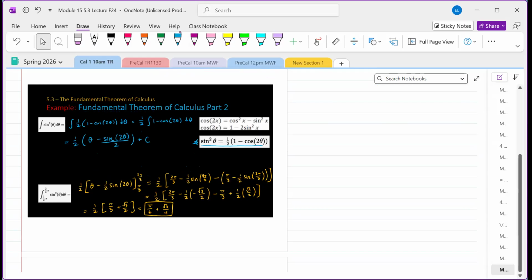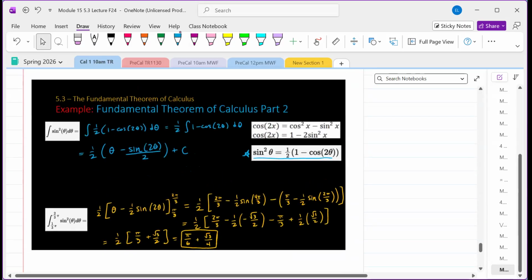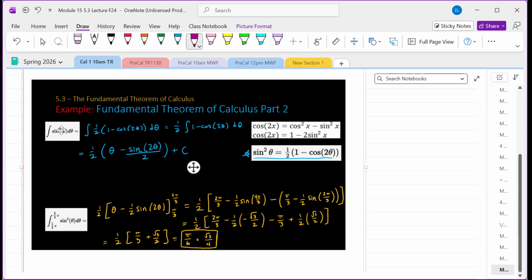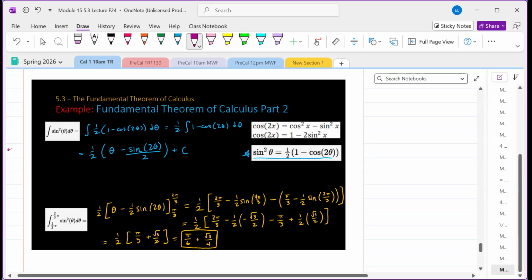All right, so this is an example Christy left worked out in the notes that I also left worked out because it's an ugly example. But sine squared of theta, we don't have a function whose derivative is sine squared that we normally work with. So what we have to do is use a formula over here.